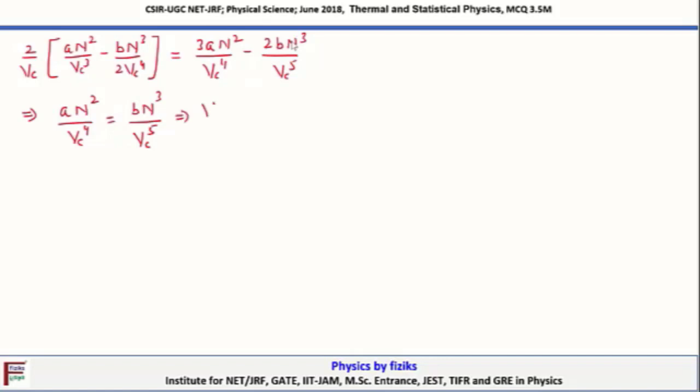And after solving, we obtain the critical volume from this result, that is equal to bn upon a.